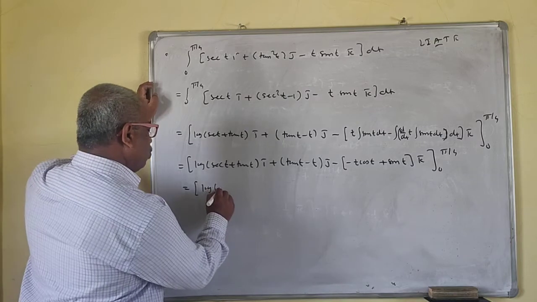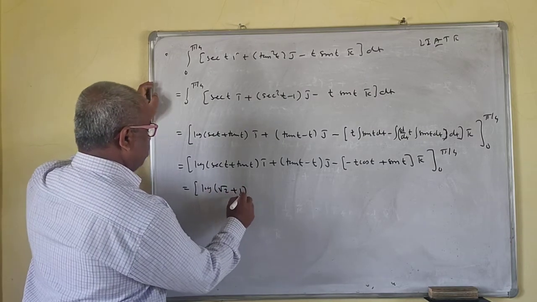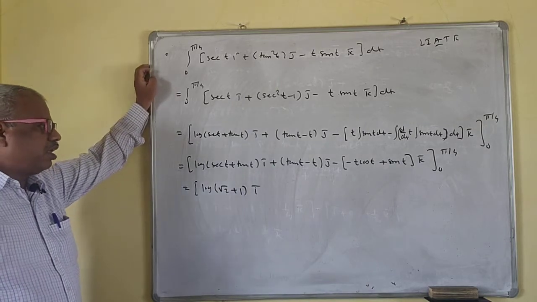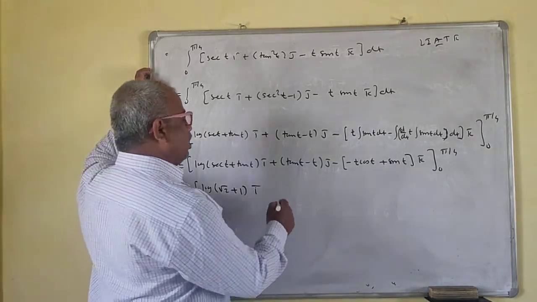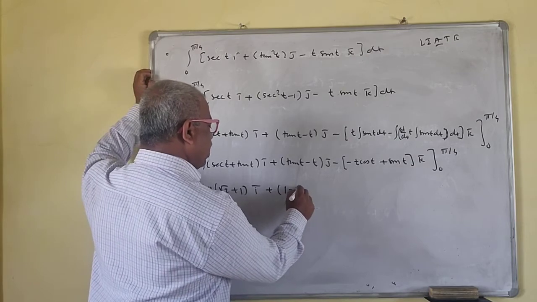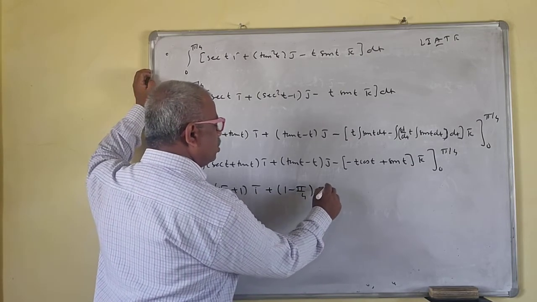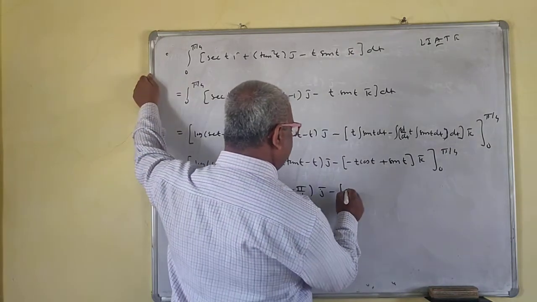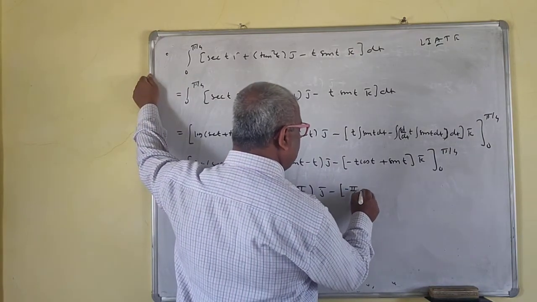Okay, root 2 plus 1. So this is i bar, because tan pi by 4 is 1. Now tan pi by 4 is 1. So this is 1 minus pi by 4 j bar minus pi by 4.